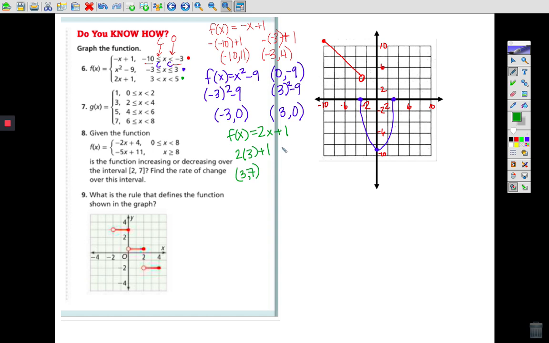And then when we plug in 5, 2 times 5 plus 1, when 5 is our x value, 11 is our y value, and they are both open circles. So at 3, 7, and then at 5, 11.